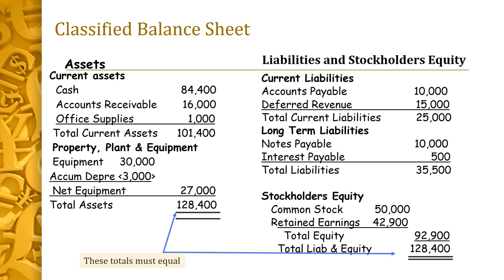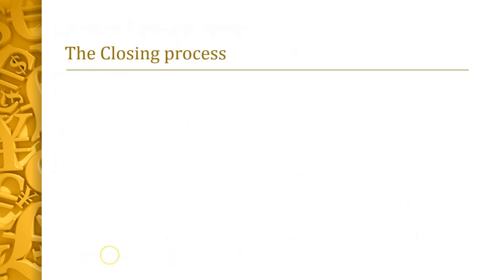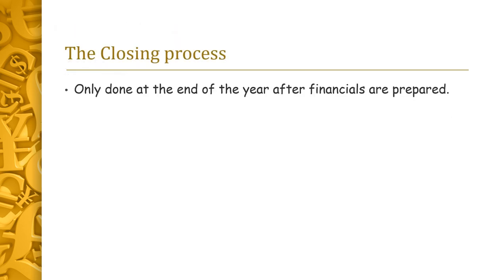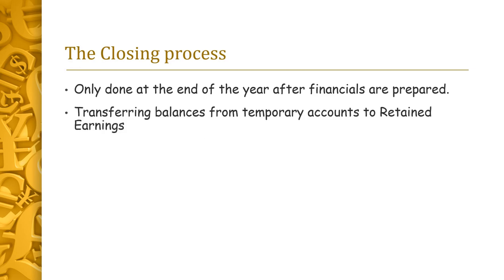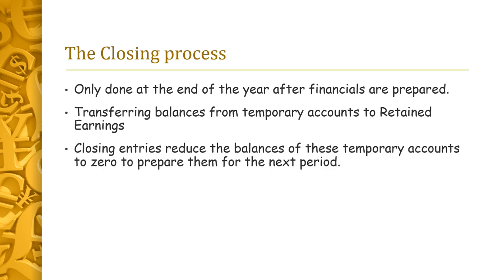Now we're going to take a look at the closing process. Now, the closing process is only done at the end of the year after financials are prepared. It transfers balances from what we call temporary accounts. Temporary accounts are any accounts that are on the income statement, i.e. revenue and expenses, and dividends. And we're going to transfer their totals to the retained earnings account, because that's a balance sheet account.